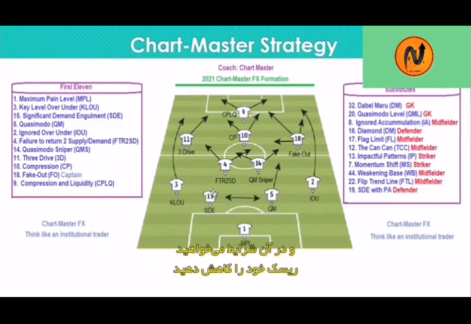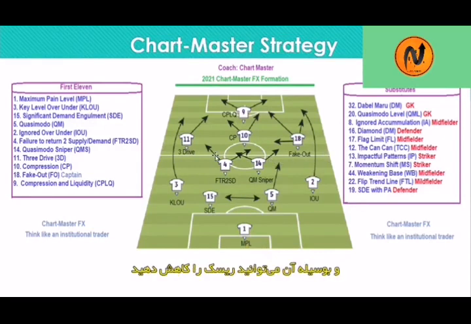In that scenario, you want to be risk sensitive and you want to reduce your risk. You can use the impactful patterns so that you can minimize your risk. So let's say we have the SDE here, then we have a 3 drive. Maybe the 3 drive is the attacker who is about to score the goal.